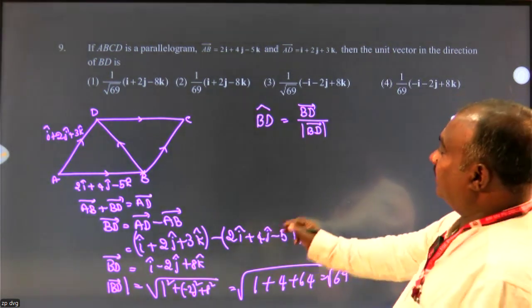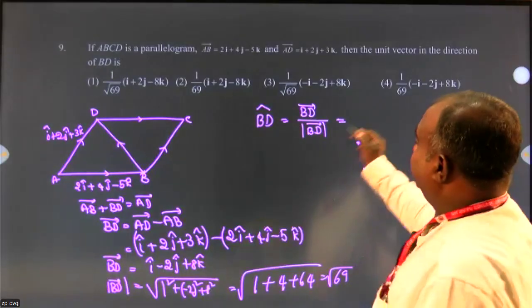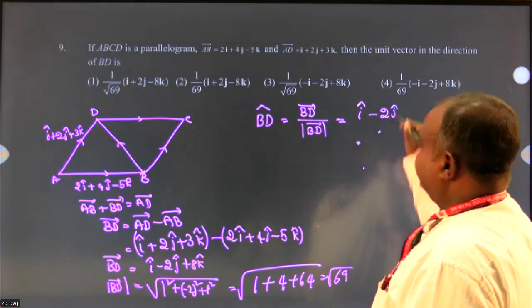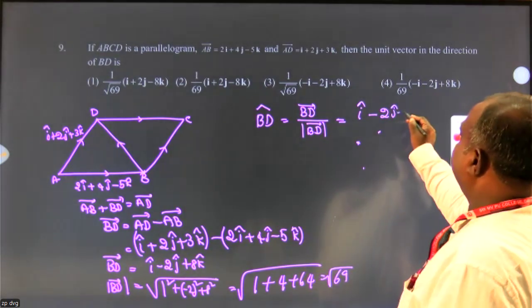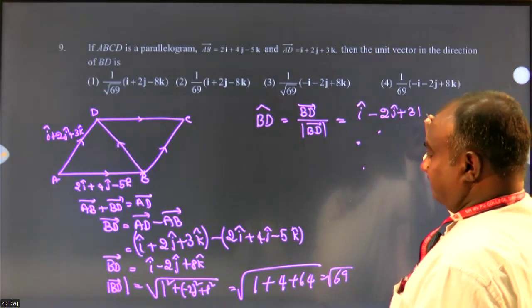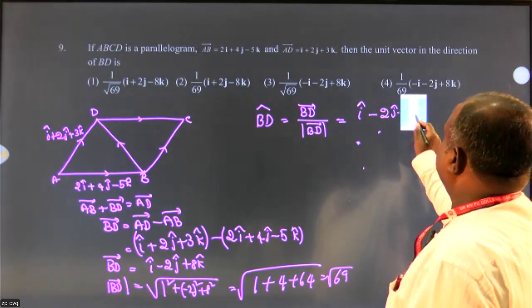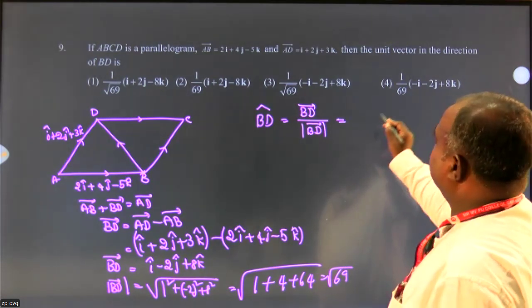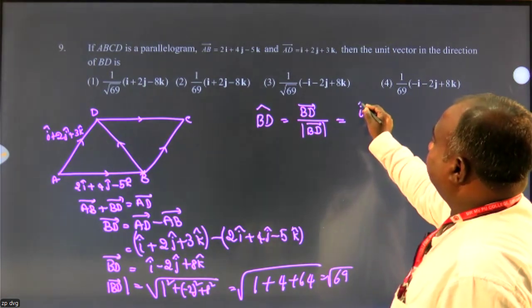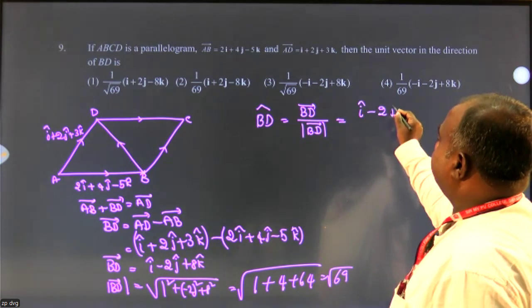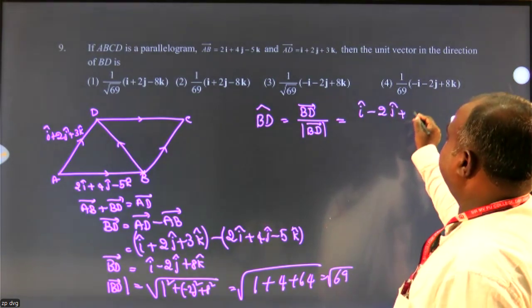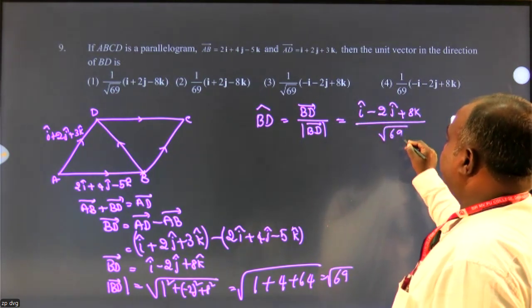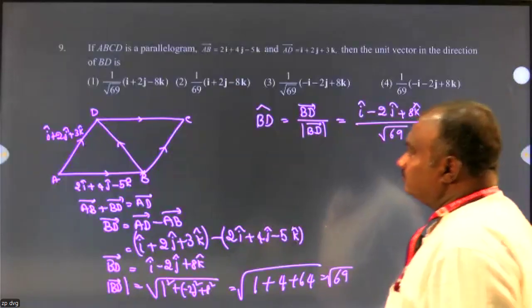Now BD bar is minus i minus 2j plus 8k, by root of 69. While choosing, please carefully choose the sign.